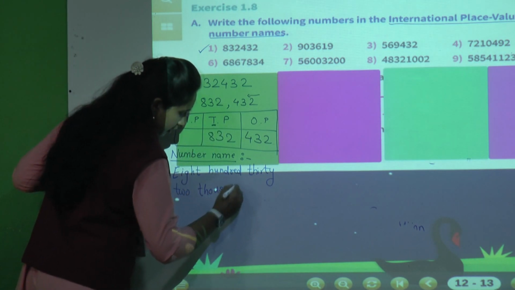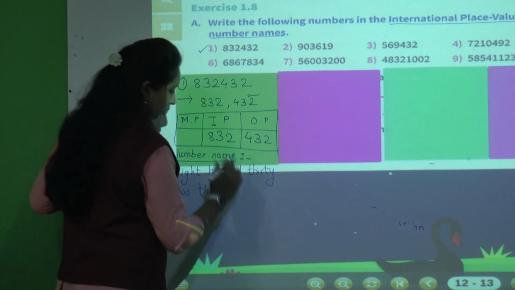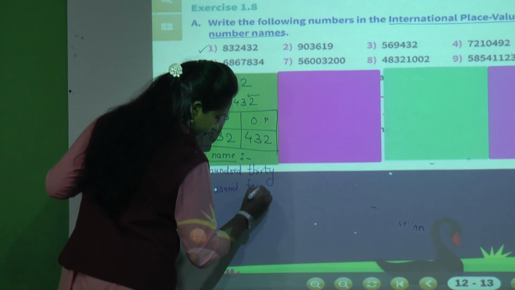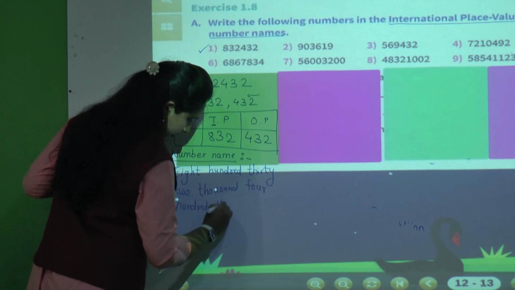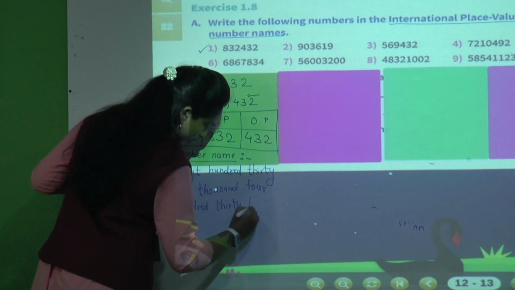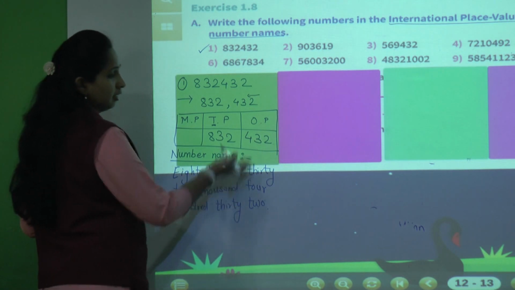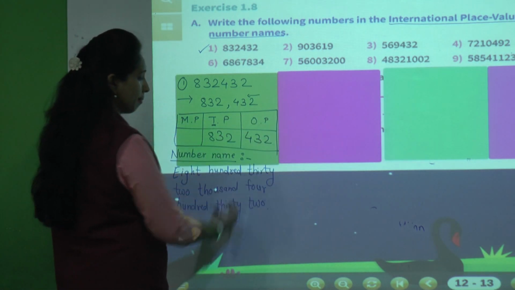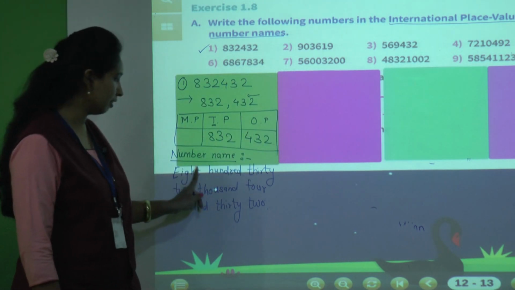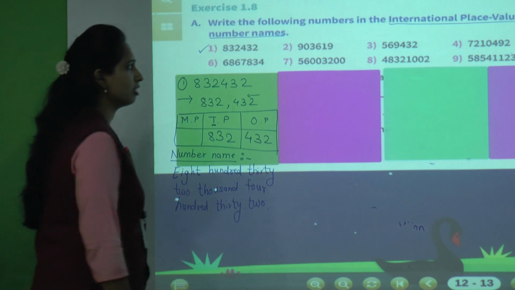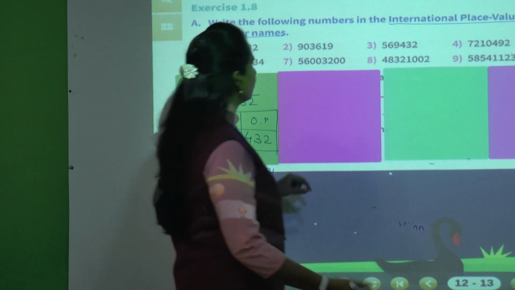This is the difference. Now what is remaining here? 432. So write as it is. Okay, are you getting it? You will write in one line. Here I want to explain more sums, so I am writing in this way, but you write this number name properly in one line only. Clear, students? Now I will explain one more sum for you.